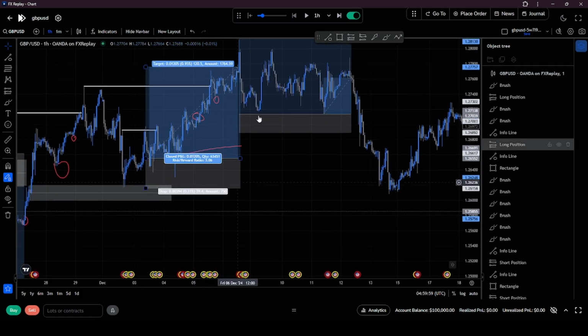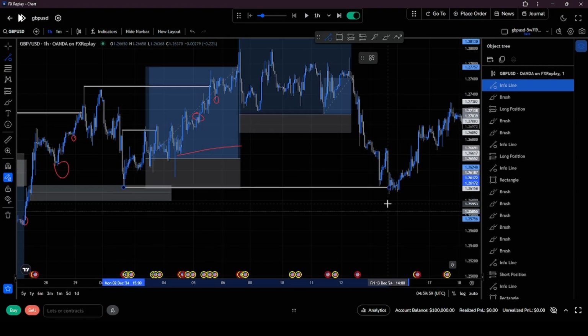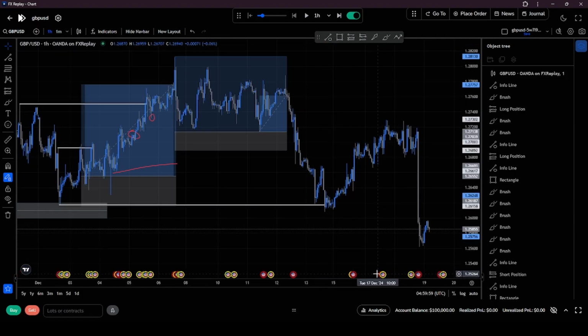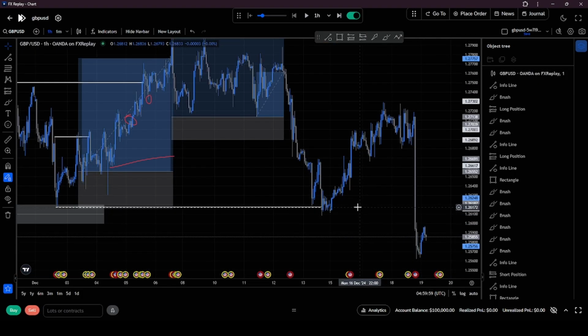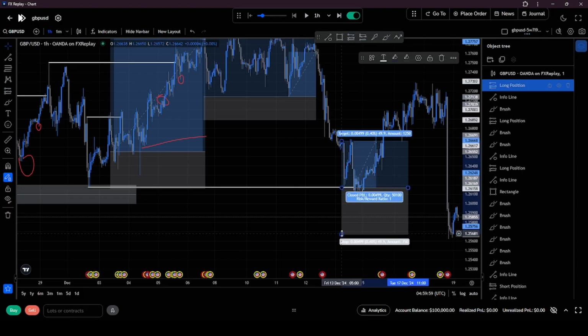You see, after taking this major inducement here, taking this major inducement, okay, price then had a small bullish scenario. So the trade would have been like this.